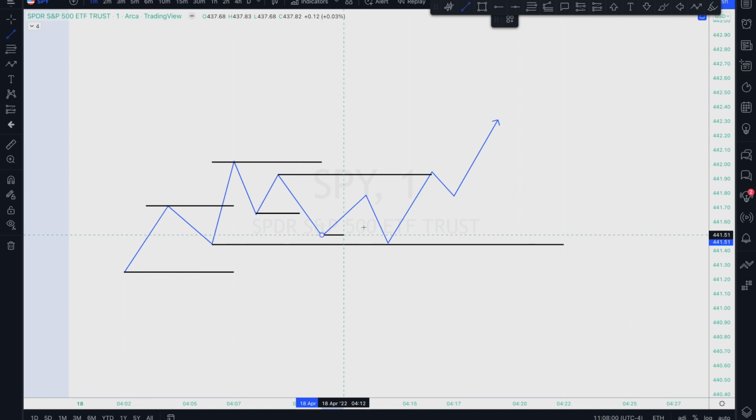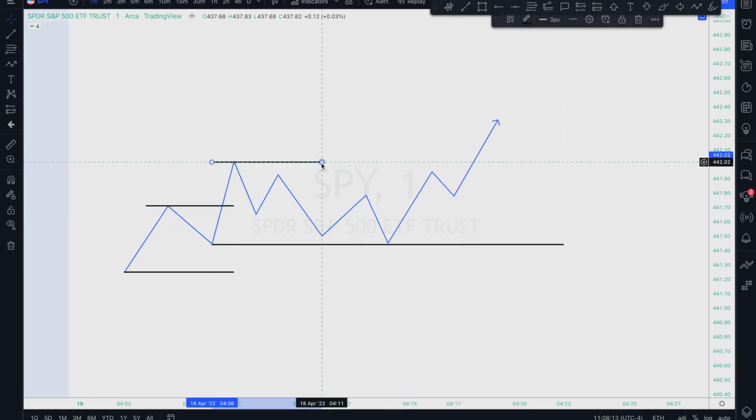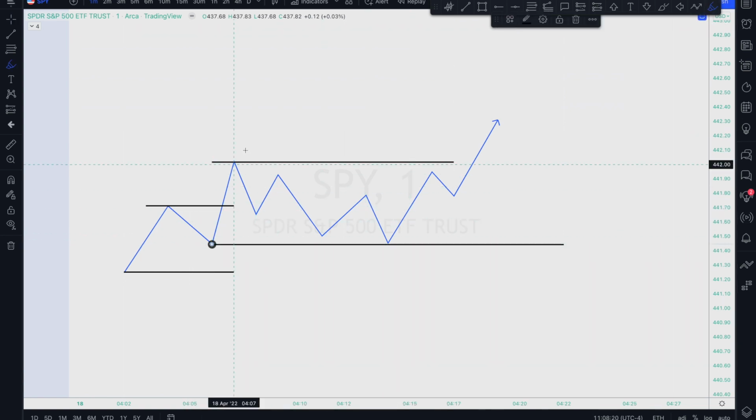But that's not structure. What this is that we entered into, and this is the golden thing I've been trying to get y'all to find out very quickly, is this is a ranged market. And within this, until this high is broken, or this low right here is our low high pivots, right here and right here. Until these two areas are broken, we are in a range.